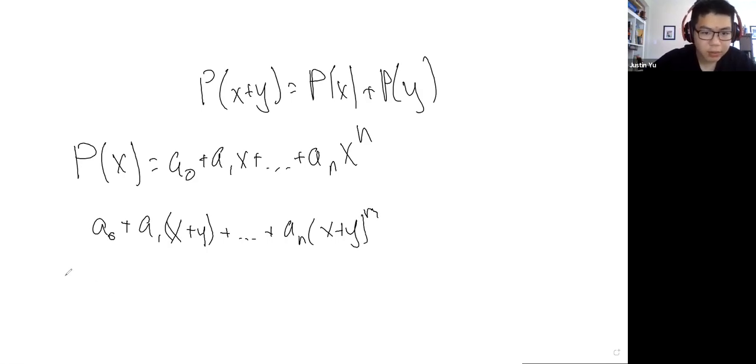And on the right-hand side, we have a0 plus a1 x plus, and then we're also going to be adding for the y.